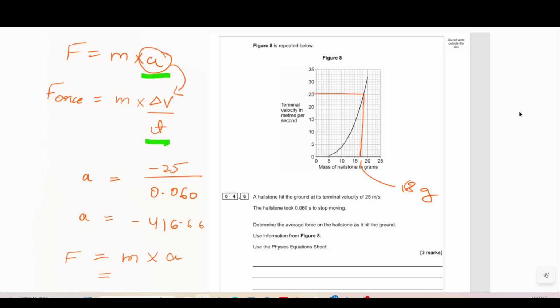So we have to convert it into kilograms. There are 1,000 grams in a kilogram, so you divide by 1000. So 18 divided by 1,000.